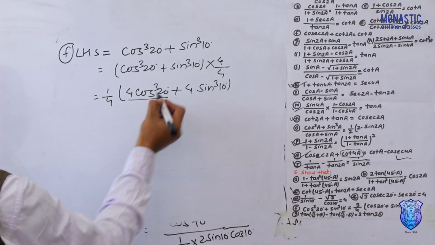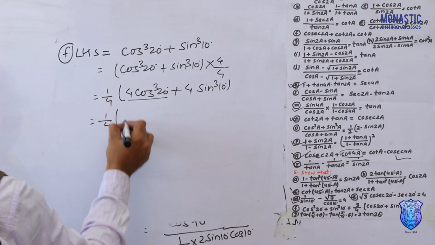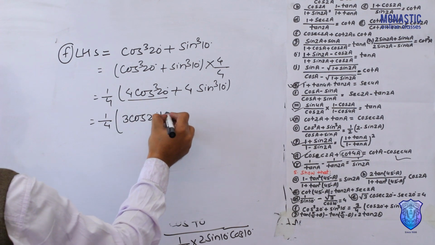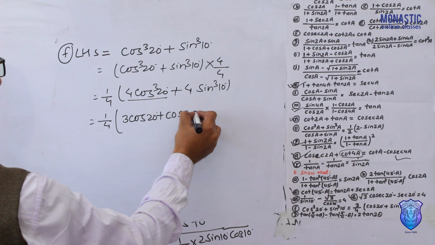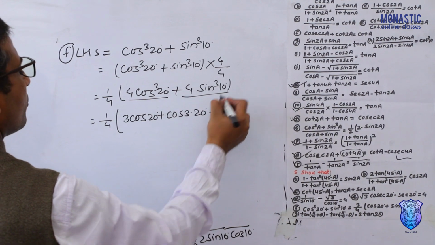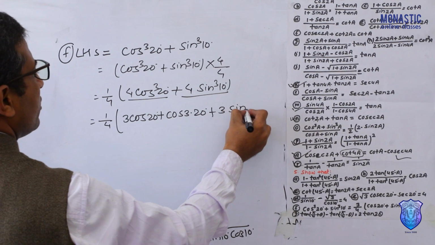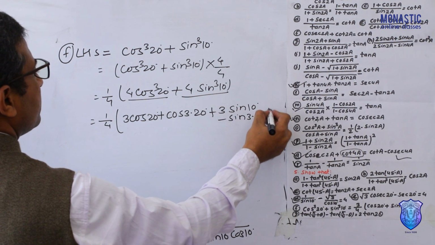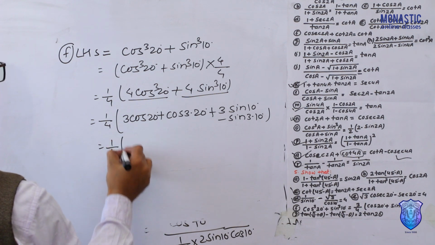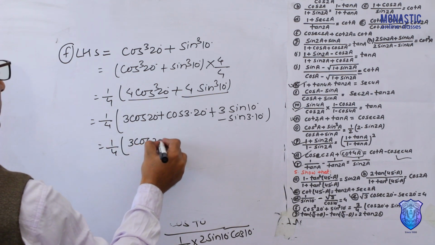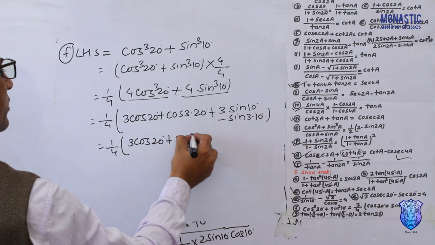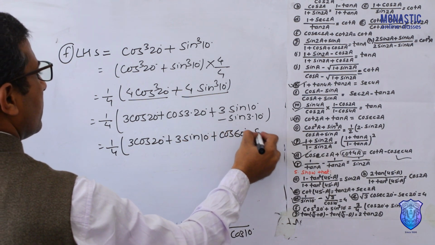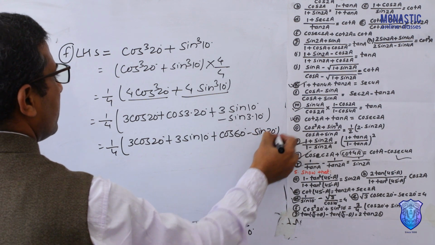We have the formula of 4 cos cube 10. It is 3 cos 20 plus cos 3 into 20. And the formula of this is 3 sin 10 minus sin 3 into 10. 1 by 4, 3 cos 20 plus 3 sin 10 plus cos 60 minus sin 30.